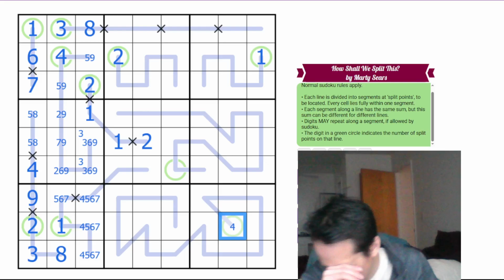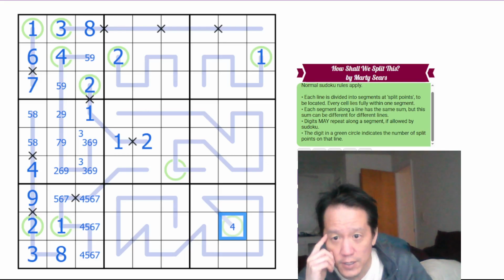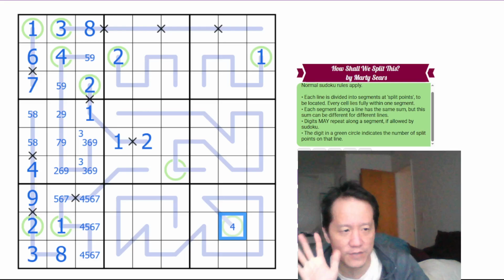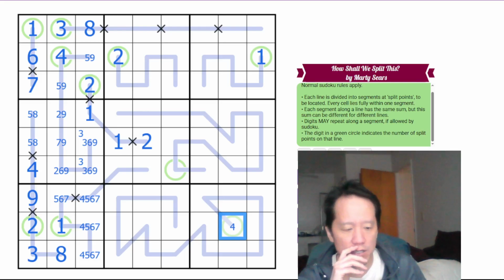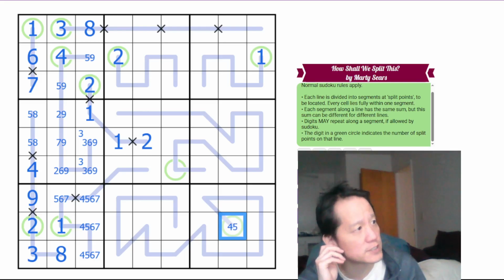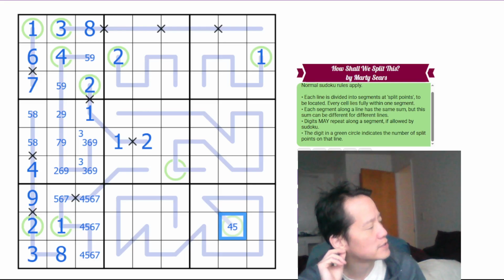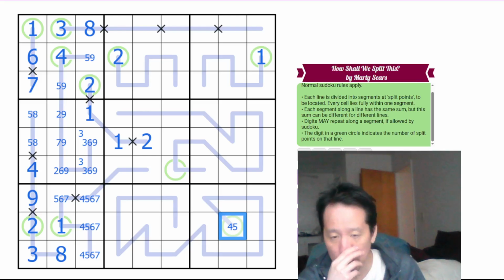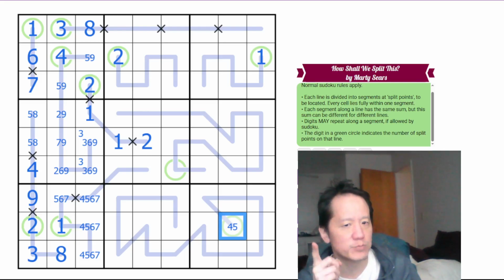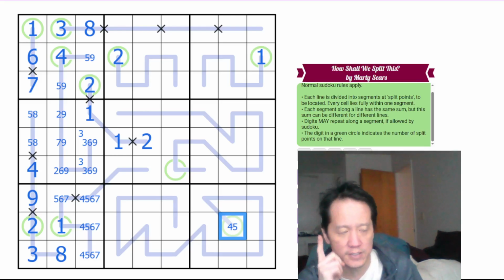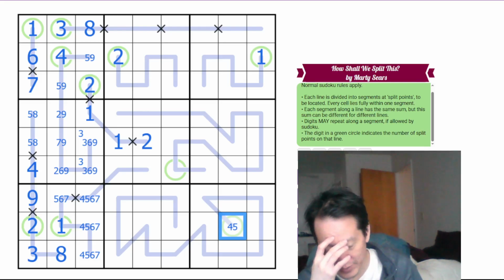It could be 4 split points, which leads to 5 segments. So the segment sum would be 18 there. It could be 5 split points, which is 6 segments. 90 divided by 6 is 15. It cannot be 6 split points because that's 7 segments, and 90 is not divisible by 7.